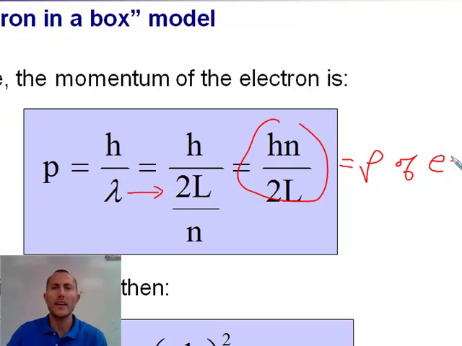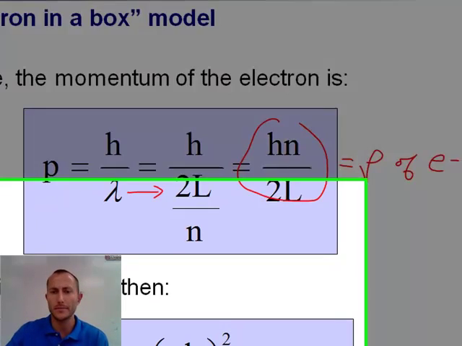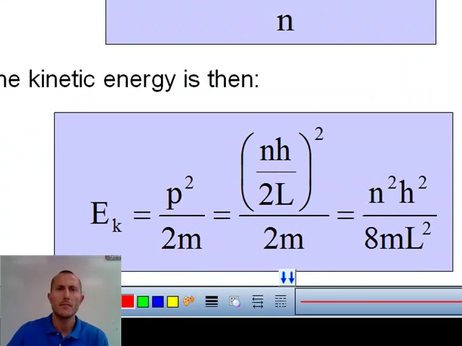If we have momentum, then we can find the energy associated with that particular electron. And our energy equation, the kinetic energy of our electron, is given by the momentum squared divided by 2 times the mass of the particle, and in this case the mass of the particle is of course the mass of an electron.